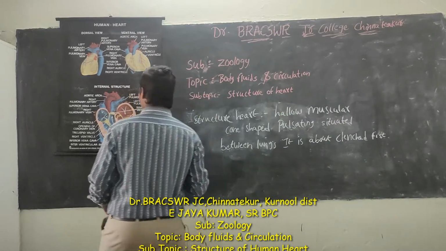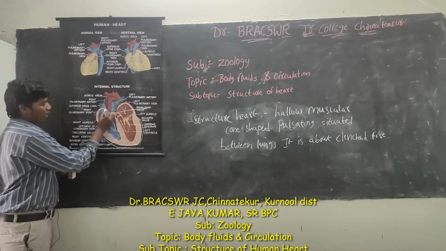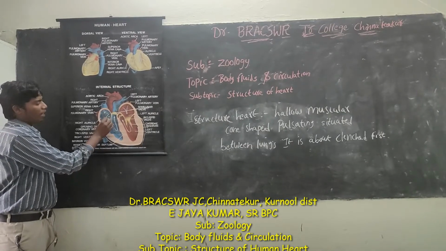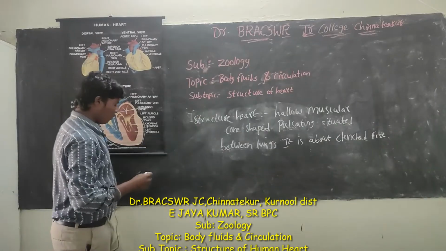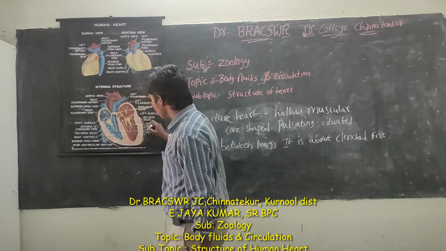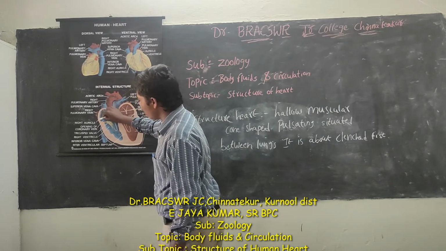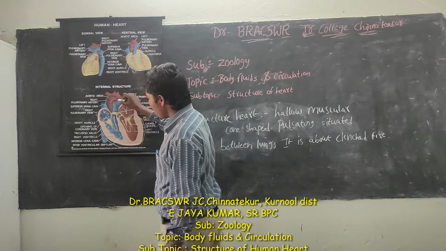Each atrium has an earlobe structure, called the auricular appendix. Auricular means an ear-shaped structure.